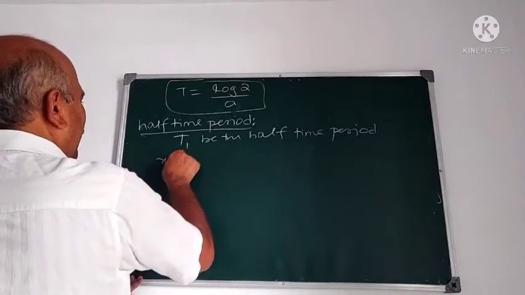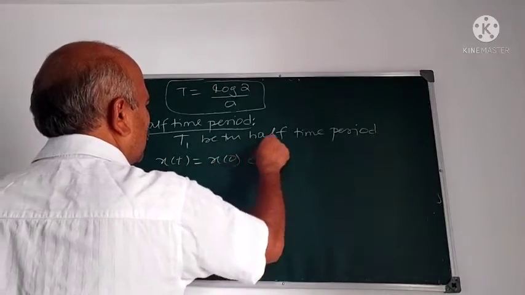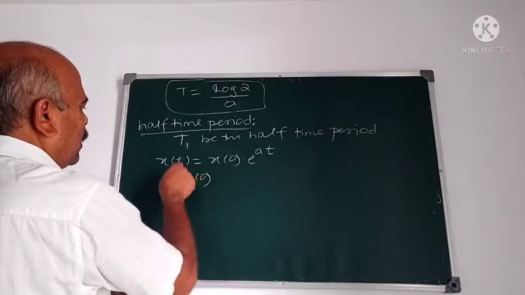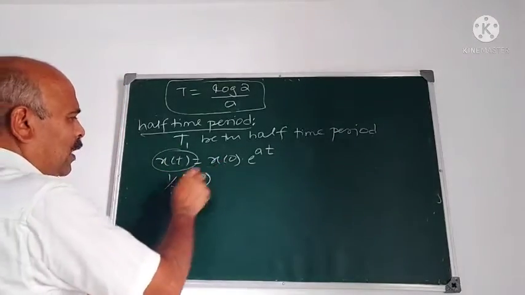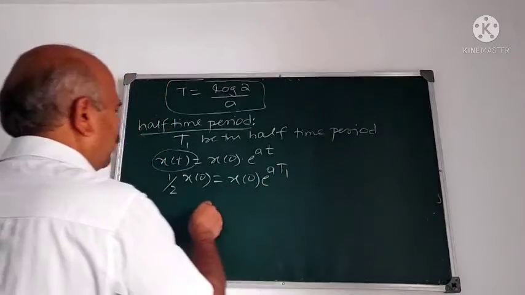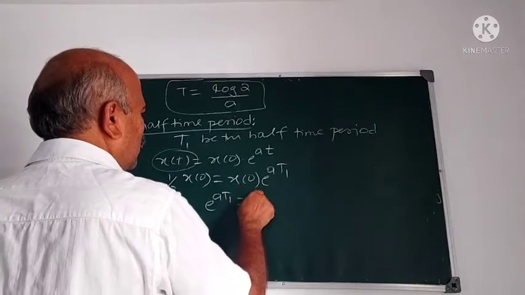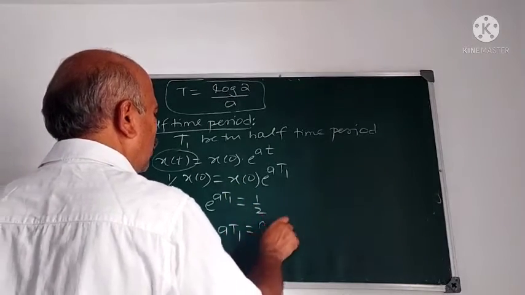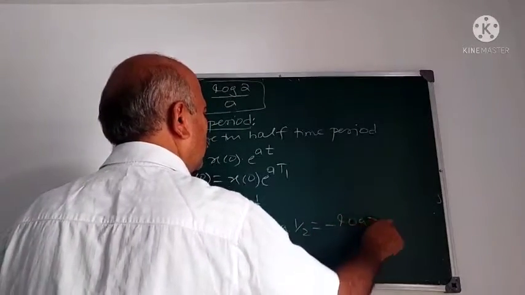Then we have x(t) equals x0 e raised to a t. Suppose the population becomes half the present size x0; then half x0 is x0 e raised to a T1. Therefore e raised to a T1 equals half, so a T1 is log half, or minus log 2.